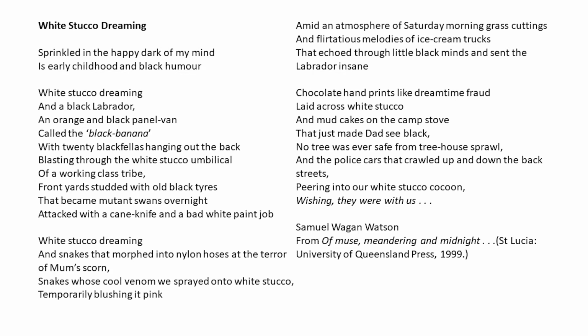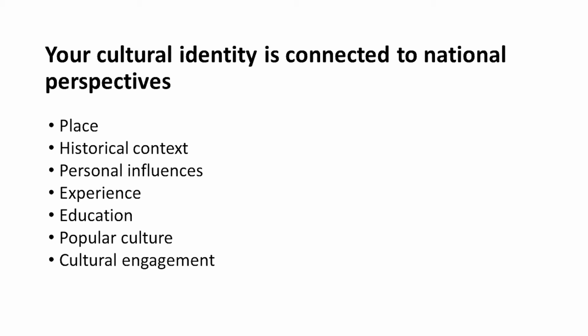So these have been some poems that help us to understand identity, representation, as well as perspective. But what you need to think about is that your cultural identity is connected to national perspective: place, historical context, personal influences, experience, education, popular culture, cultural engagement.